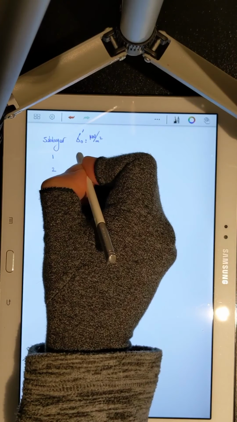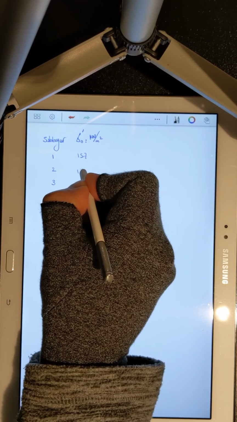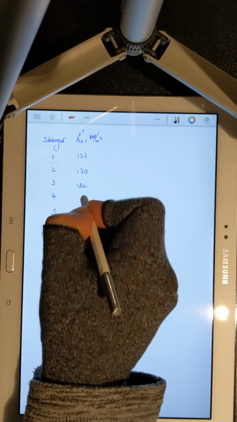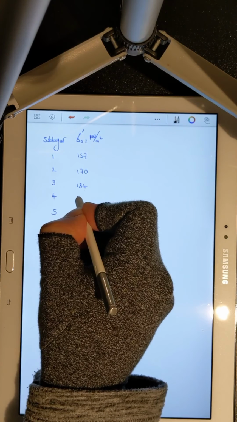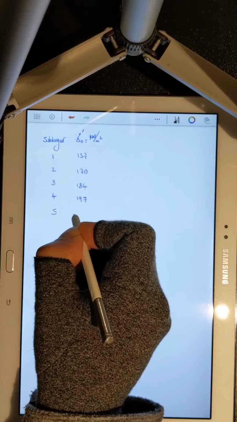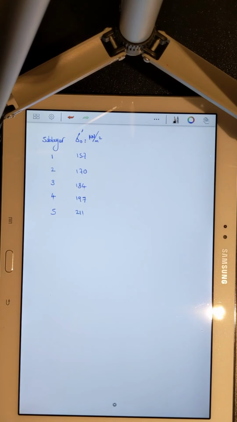That's the beginning of the solution, and I'm going to write these values here. It's a summary table. 184, 197, and 211.